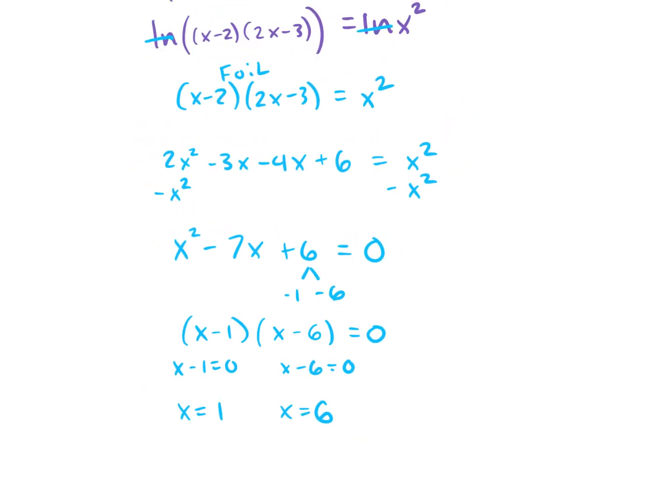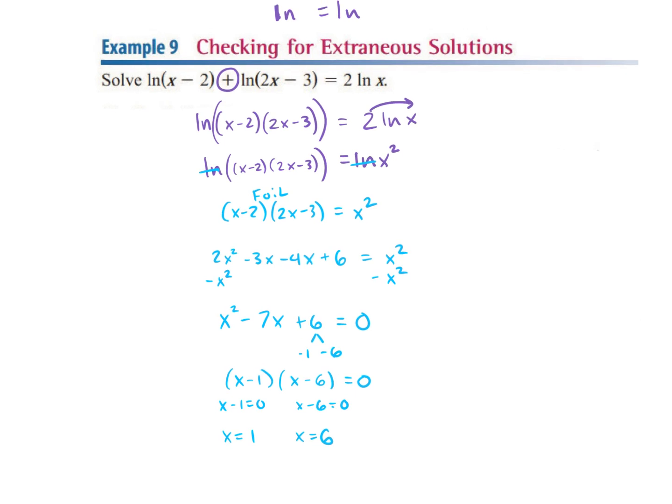Now in the directions here, it says check for extraneous solutions. I can't take the ln of a negative number. So I always need to plug in my two answers and see if I end up taking the ln of a negative in the original question.